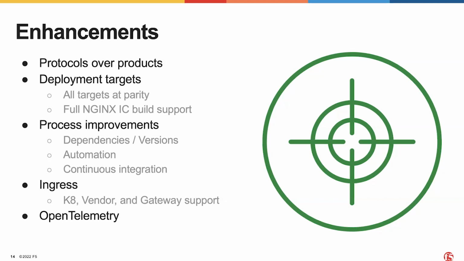We've also spent time working on our deployment targets, and we plan on bringing all targets to full parity. By that, I mean that each target will have the full range of support as every other target. We also want to make sure that we have full NGINX Ingress controller build support, so you can build custom Ingress controller images as opposed to pulling images from our registries. We're looking at improving our process. We spent a lot of time working with dependencies and versions.